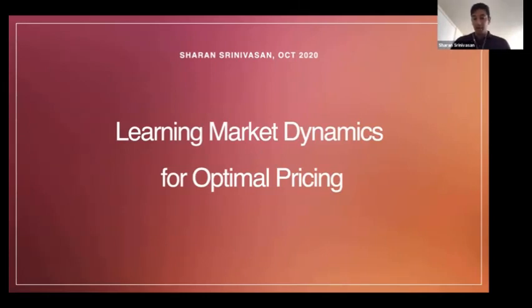When these kinds of marketplaces are prevalent online, a lot of algorithms and machine learning techniques go into determining what an optimal pricing strategy is, and this optimal pricing strategy is in turn affected by market dynamics. So today I'll be focusing on what these market dynamics are and how we address them at Airbnb.